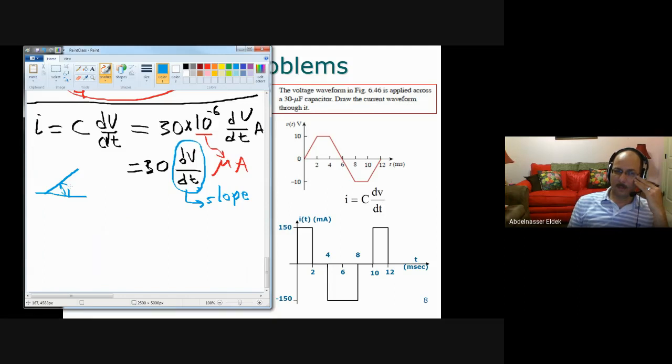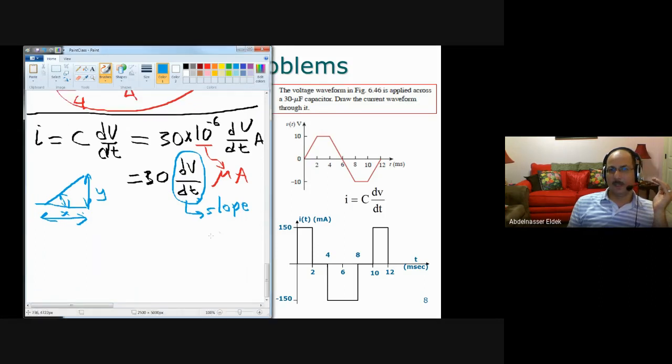This is the slope. So you find this y, for example, and divide by this x. So this is a derivative. Derivative is y over x.